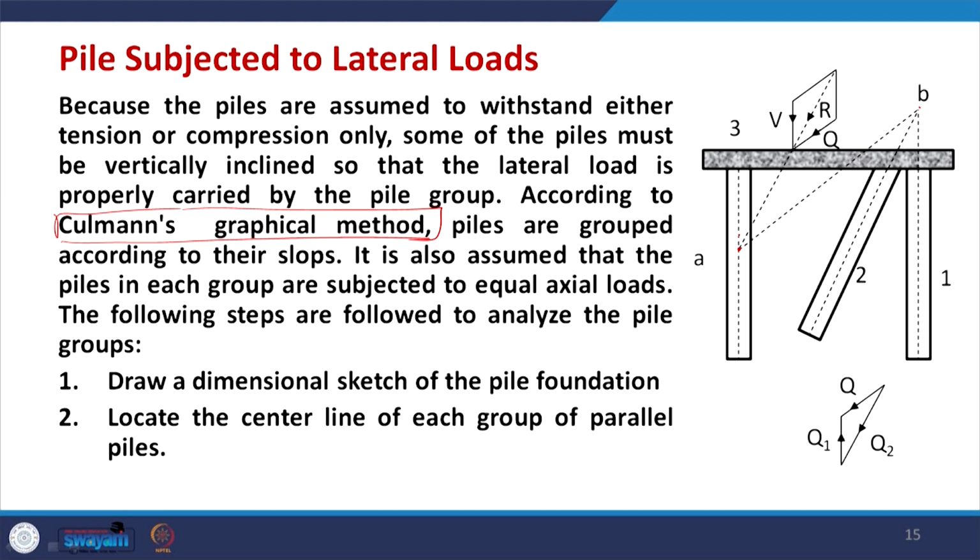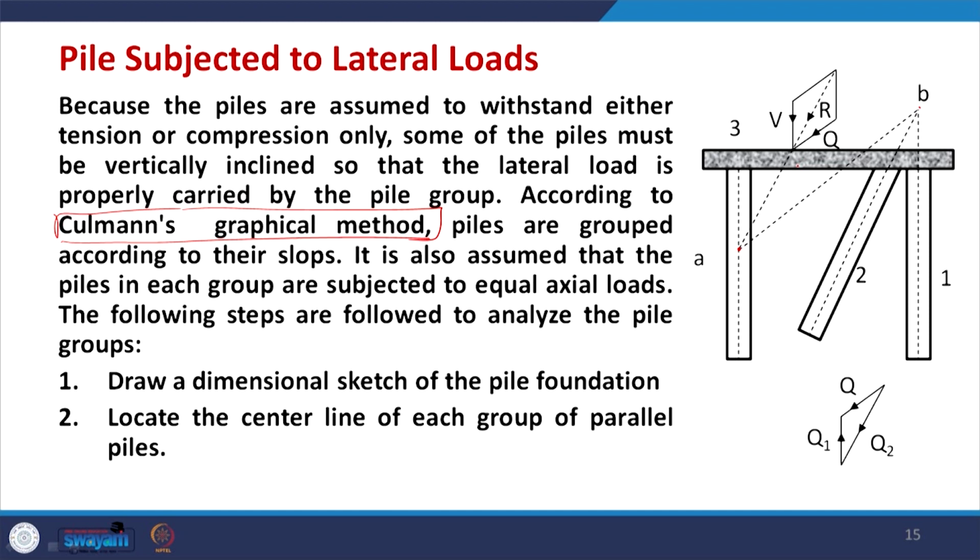So, what we do now, we resolve the force R into Q and V, where V is vertical and Q is parallel to AB, okay. So, now this R load is divided in 2 parts. V will be carried by pile group 3, while Q will be carried by the combined pile groups 1 and 2.